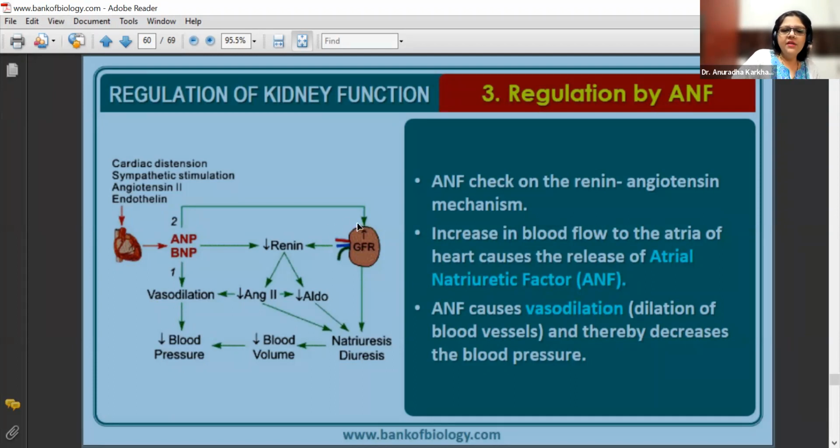Otherwise, what has happened? See, the GFR is increased, renin, angiotensin 1, angiotensin 2, aldosterone, natriuresis, diuresis, blood volume will drop down. Okay, but ANF is like a feedback. It is going to take control of what? Formation of aldosterone and formation of renin.